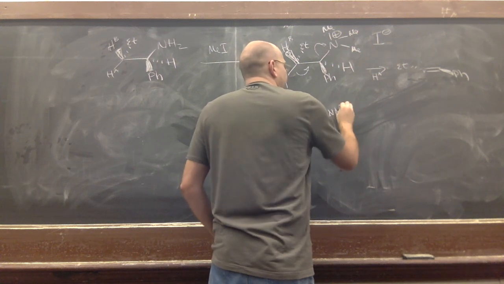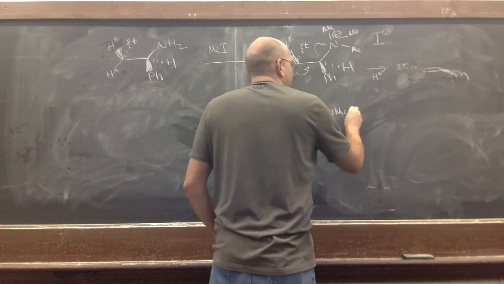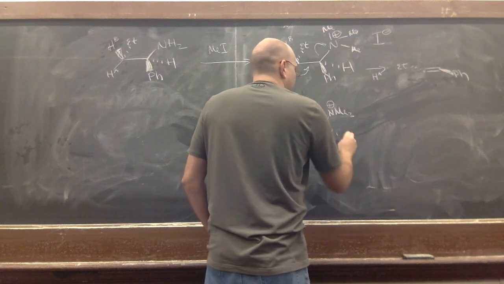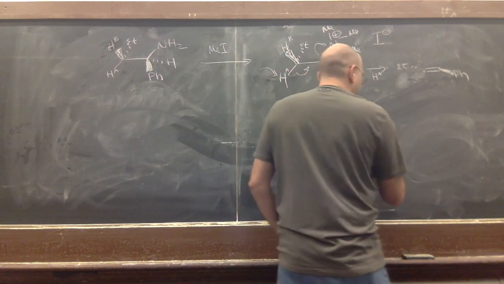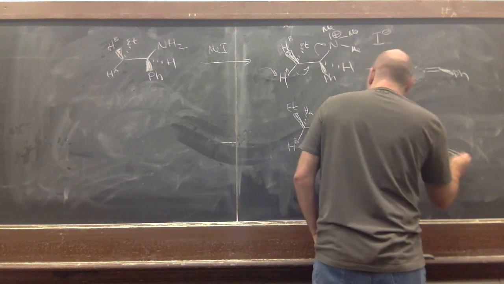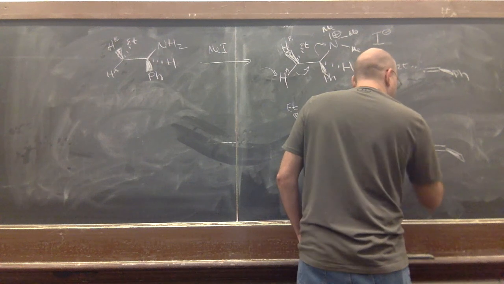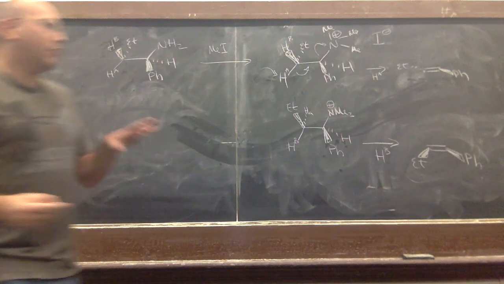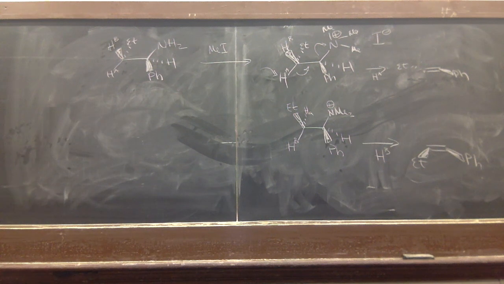Same reason, so if we made this Me3 plus phenyl, proton, this would lead to phenyl. Does everybody see that? So if we rotate around and have the HB do the elimination, that's going to lead to the opposite stereochemistry. Does everybody see that?